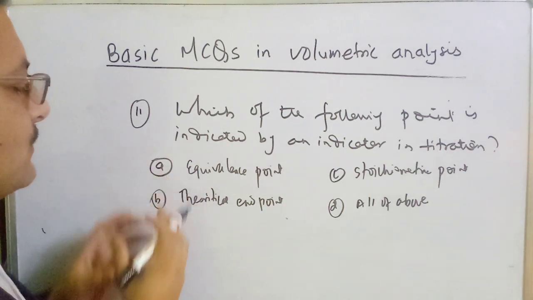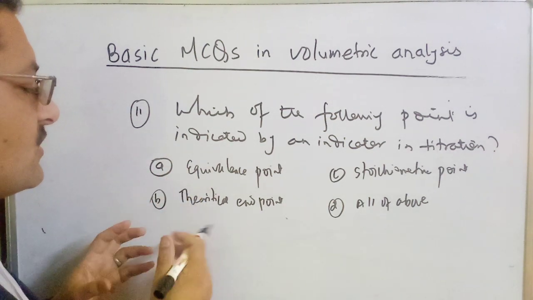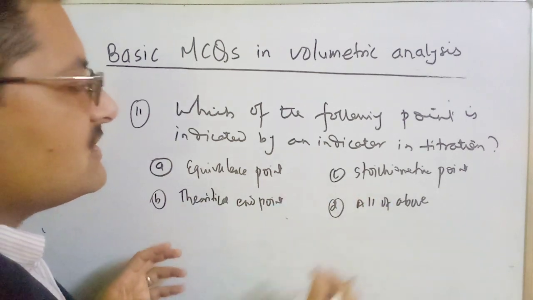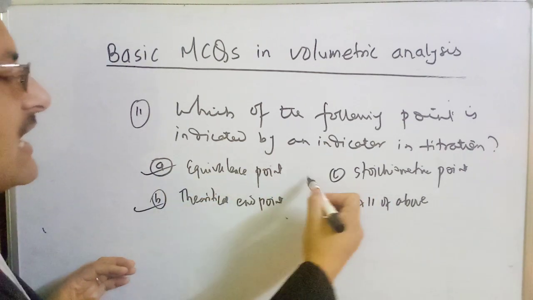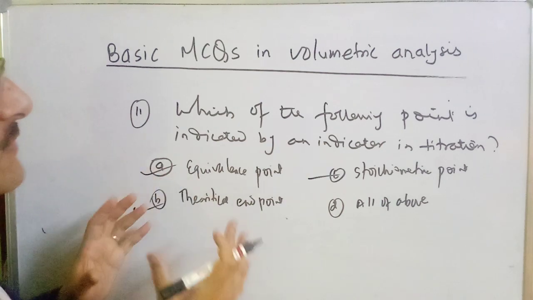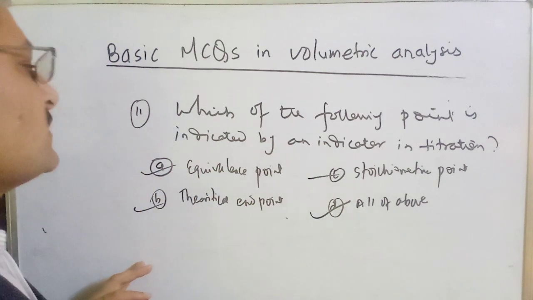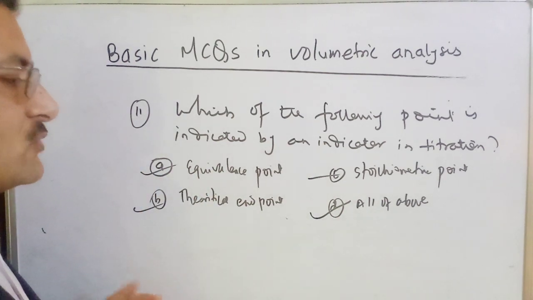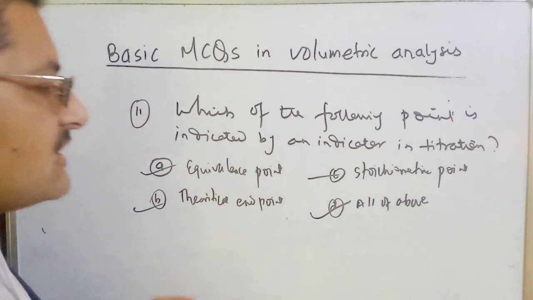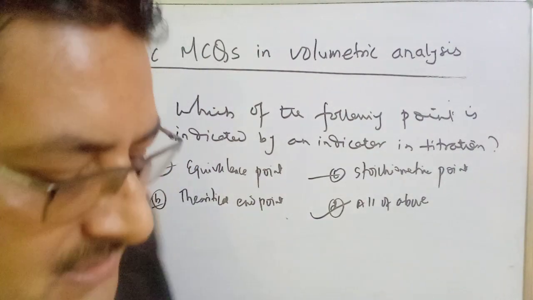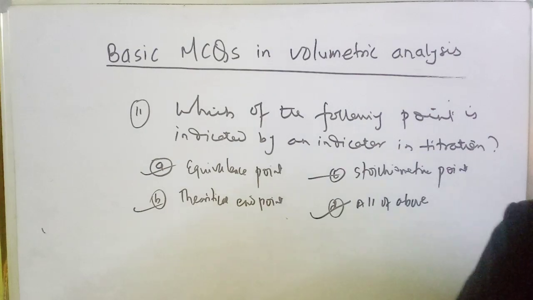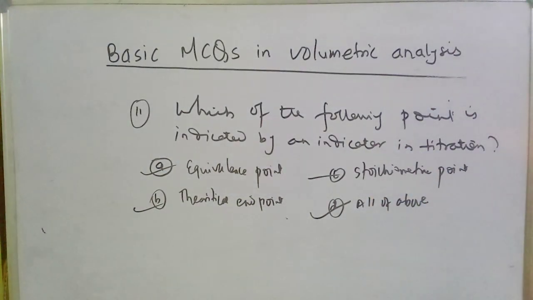And definitely equivalence point is also called theoretical endpoint and stoichiometric point. So these 3 points are similar, so we have the option number D, all of above. So the answer is number D, because these 3 terms are synonymous.